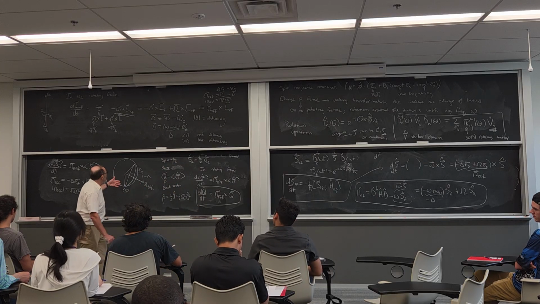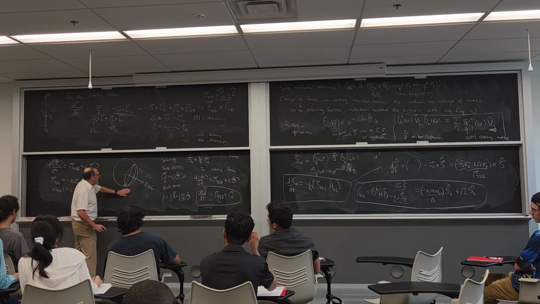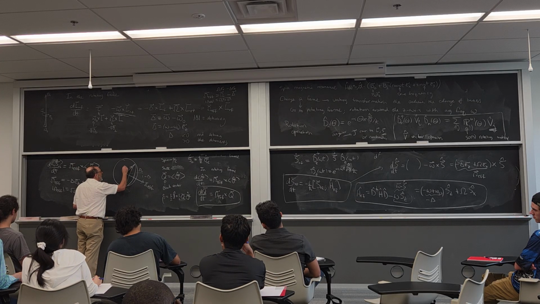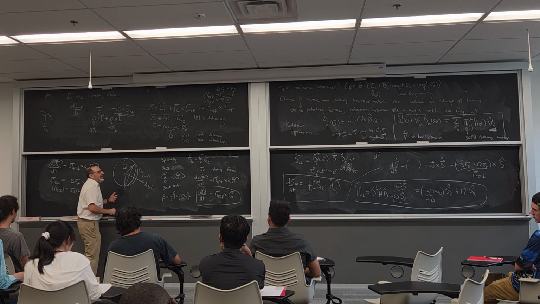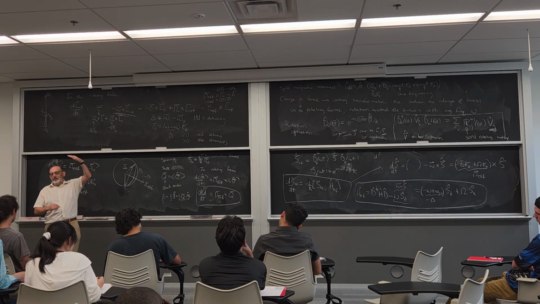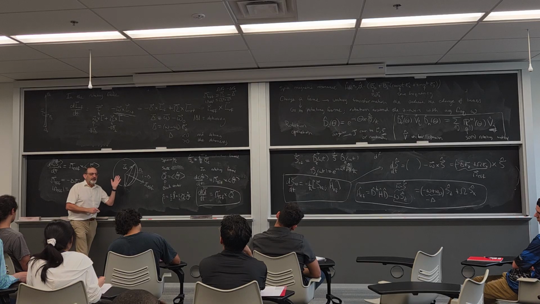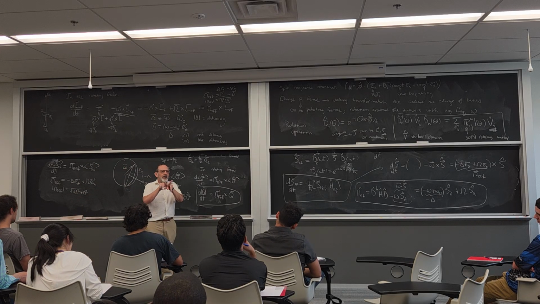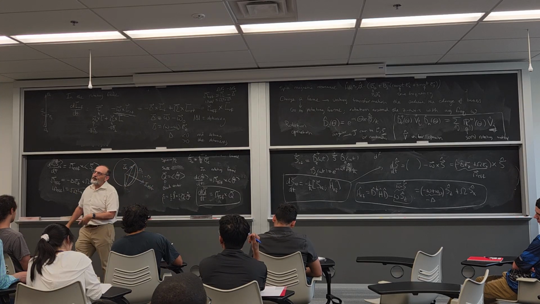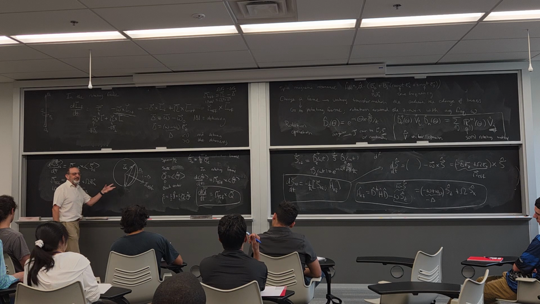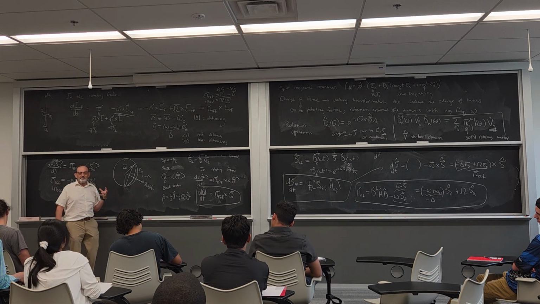This could be two levels of an atom. It could be the horizontal and vertical polarizations of a photon. It could be the two modes of a dual rail qubit for an interferometer. This is in some sense an abstraction.